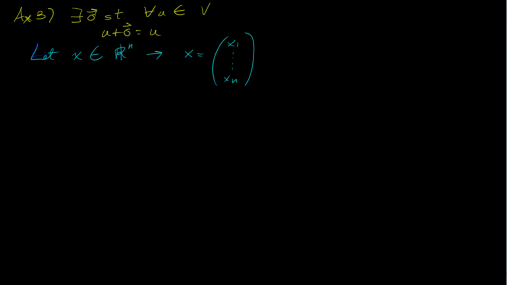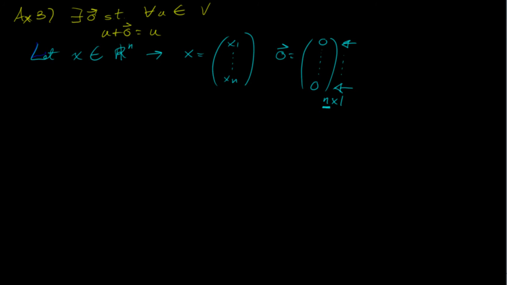Now, on an existence proof, what you typically do is say, suppose the zero vector is what you think it should be, which is 0 through 0. So you have n zeros. Remember, this is an n by 1 vector, so you'll have n rows of zeros.